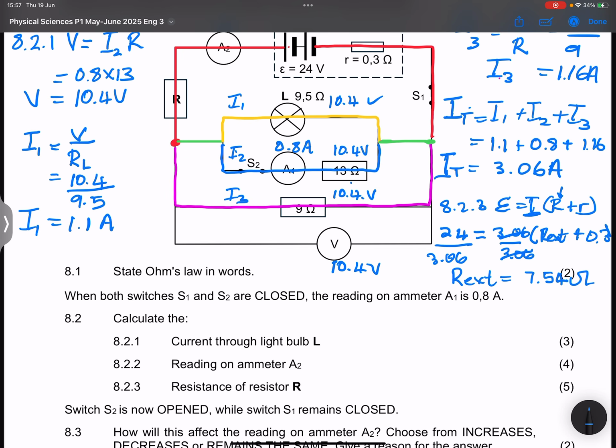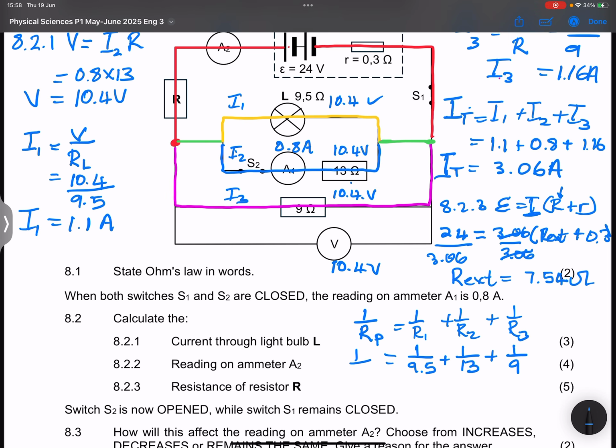So let's find out what would be our parallel resistors. 1 over Rp, that's 1 over R1 plus 1 over R2 plus 1 over R3. All of those resistors are in parallel, so that would be 1 over 9.5 plus 1 over 13 plus 1 over 9.